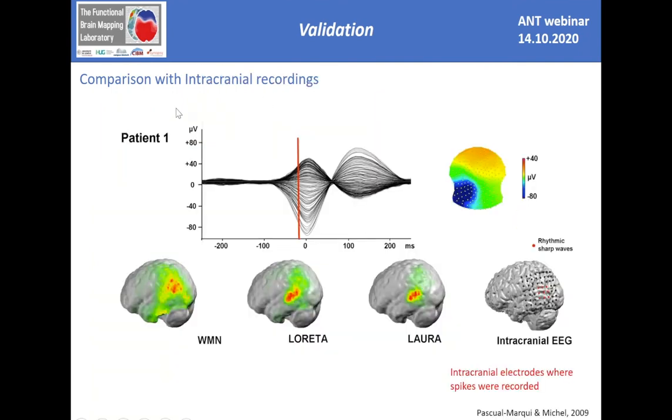And another way to validate is comparing your non-invasive recordings with invasive recordings. So you can do another validation comparing invasive with non-invasive recordings using different inversion methods, and the one that is closest to the real locations wins.